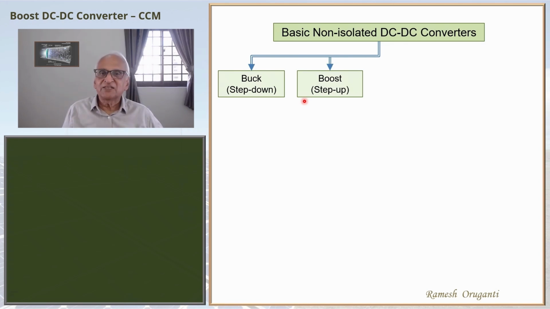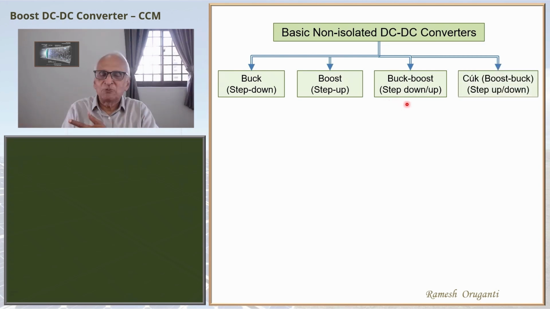Then a third converter which combines the buck function and the boost function, that is the step-down function and the step-up function. Obviously, it is called the buck-boost converter. And a fourth converter called the Cuk converter, named after the inventor, which is a boost-buck converter. Basically, the order of the functions within the converter are reversed. In this video, we will be looking at the boost converter.